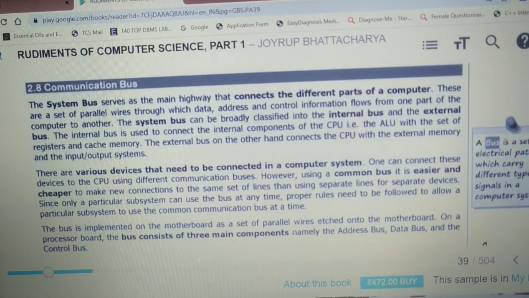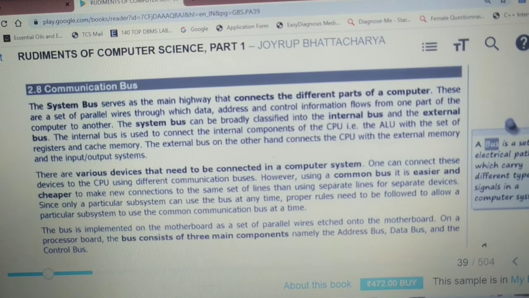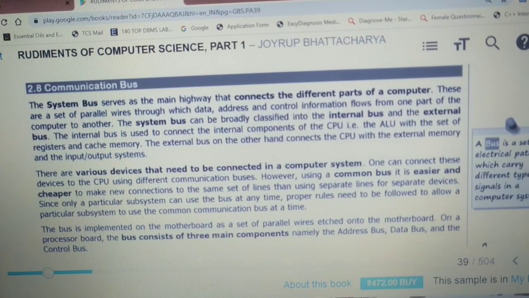They set up the connection between internal components. The external bus, on the other hand, connects the CPU with the external memory and the input output system.